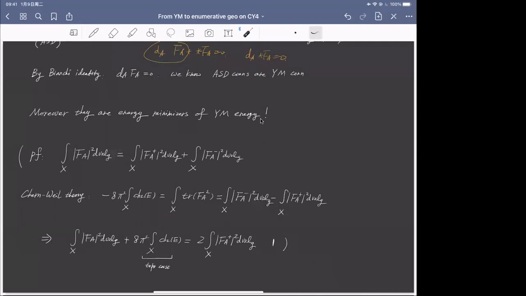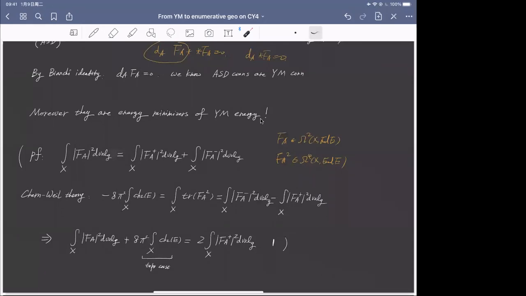Recall this curvature is a bundle-valued 2-form. So the square is a bundle-valued 4-form. If you take a trace, meaning we take the trace in the endomorphism bundle of E, then this becomes just an honest 4-form on X. Because X is a 4-manifold, we can integrate this 4-form and get a number.